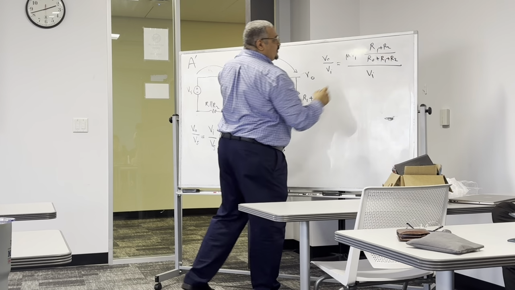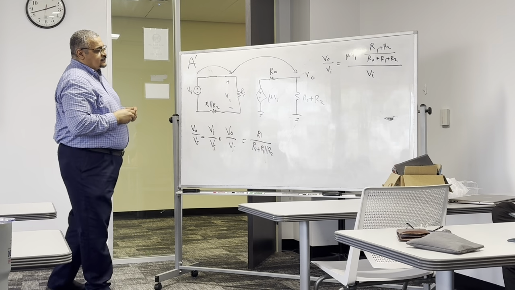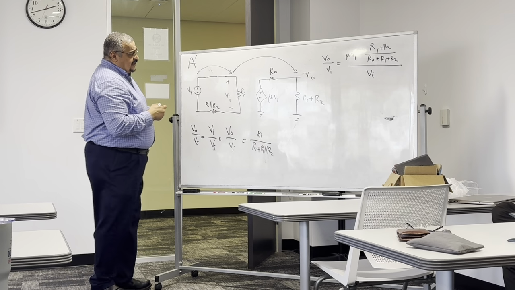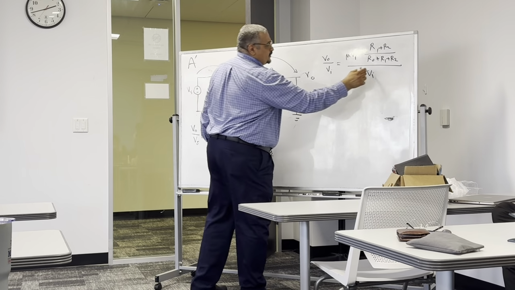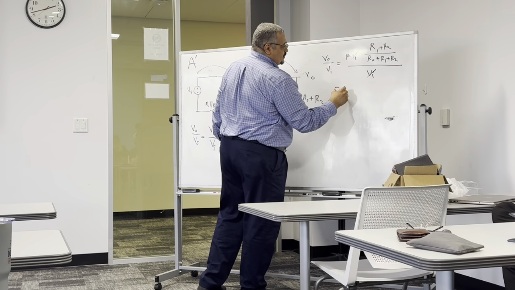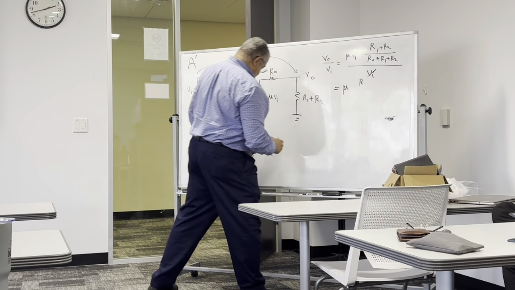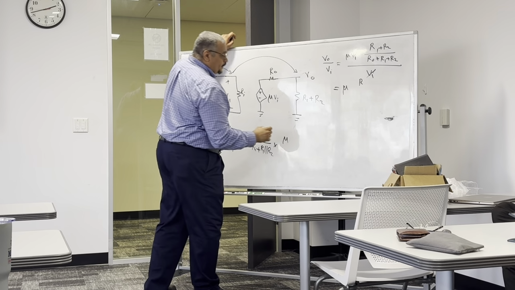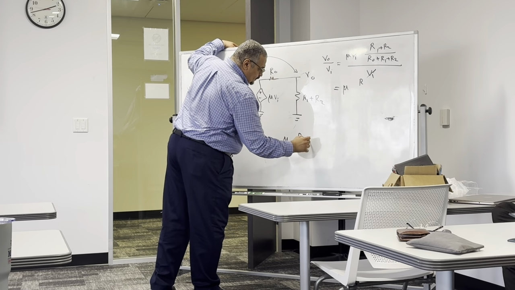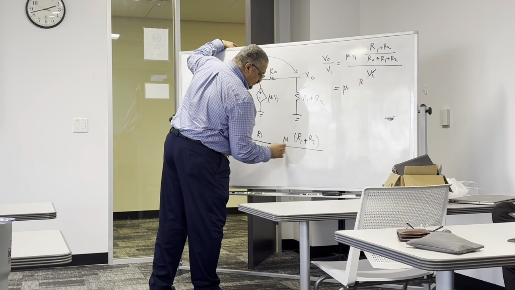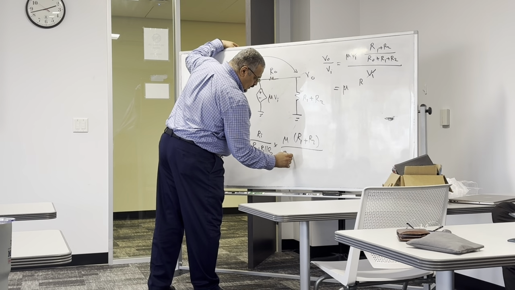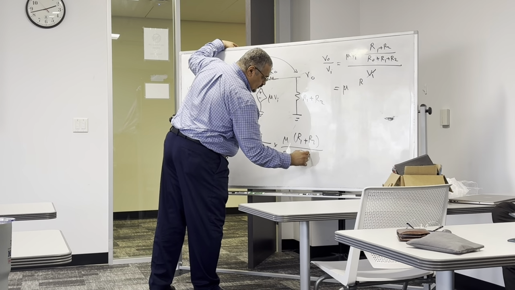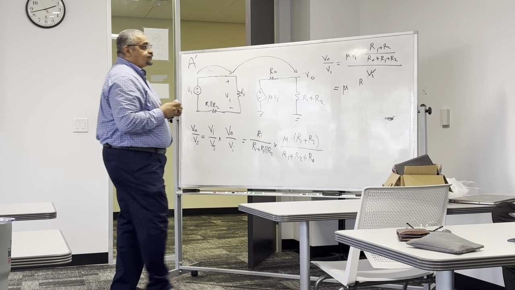All this is divided by Vn. Is that correct? Then you cancel Vn, and this is going to be mu. So let's write it here. Mu times R1 plus R2 divided by R out plus R1 plus R2.